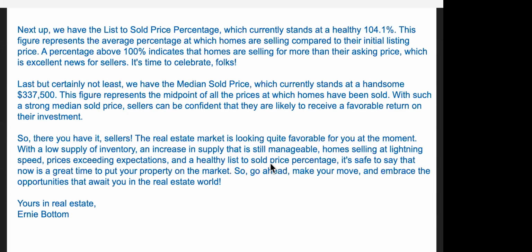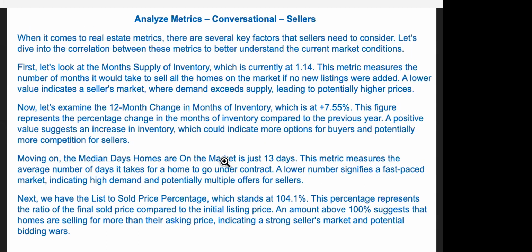And then finally, the last option is the conversational. So again, that's somewhere in between folksy or engaging and professional. So when it comes to real estate metrics, there are several key factors that sellers need to consider. Let's dive into the correlation between these metrics to better understand the current market conditions.